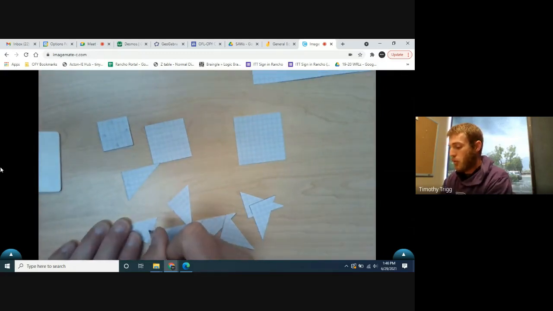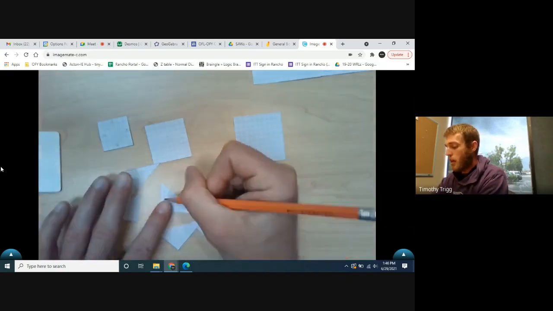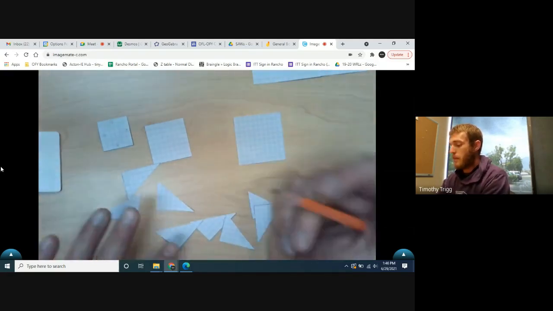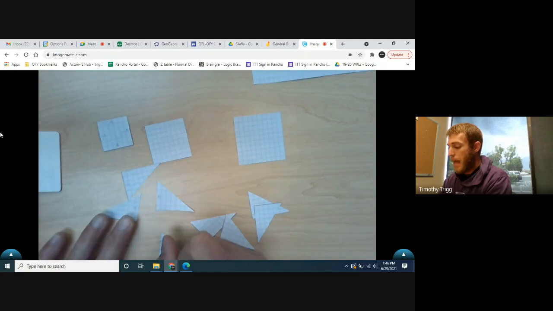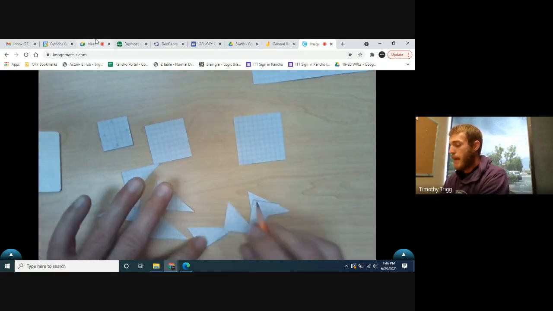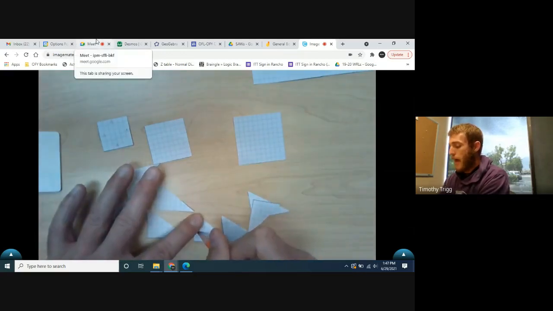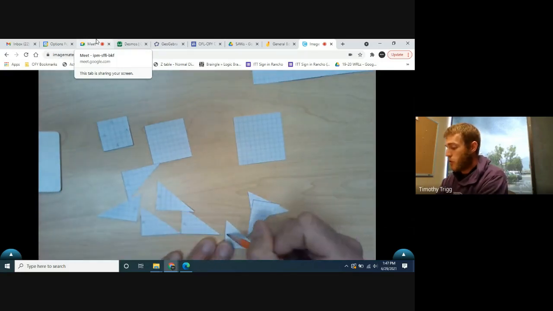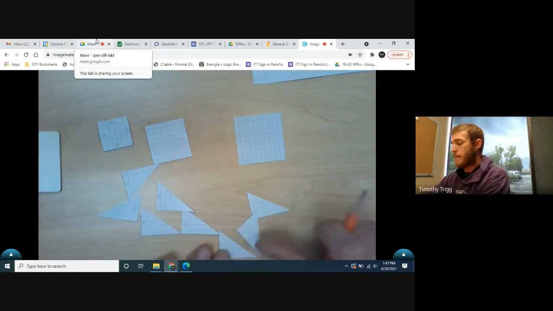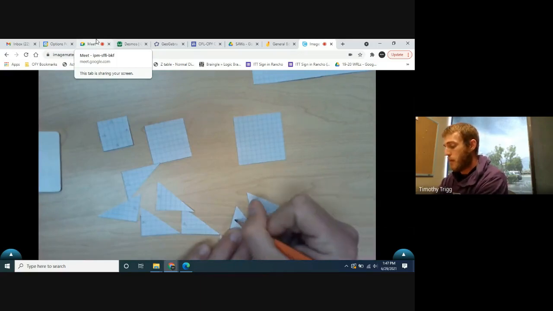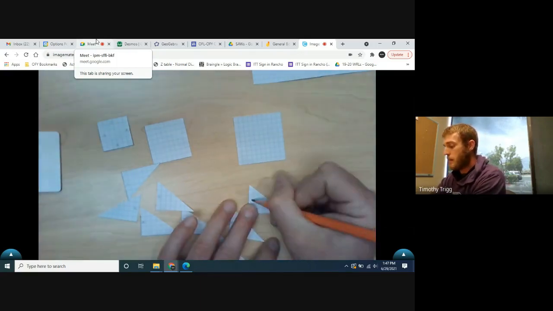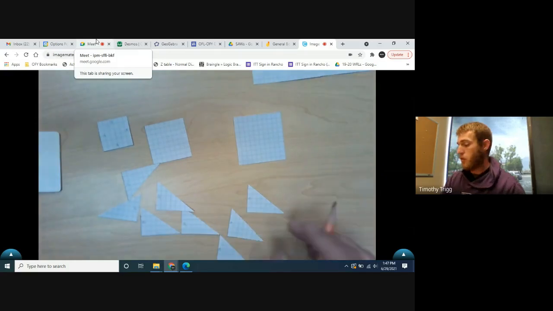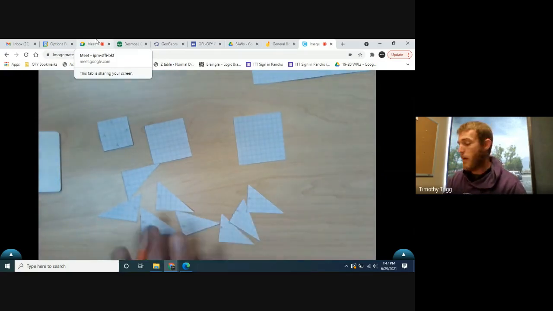So go ahead and label each of these little triangles with a lowercase a on the side that has 6. Don't label the side that is length 8. We'll do that later. So now all my triangles have an A, and my 6 by 6 square has A's all around.